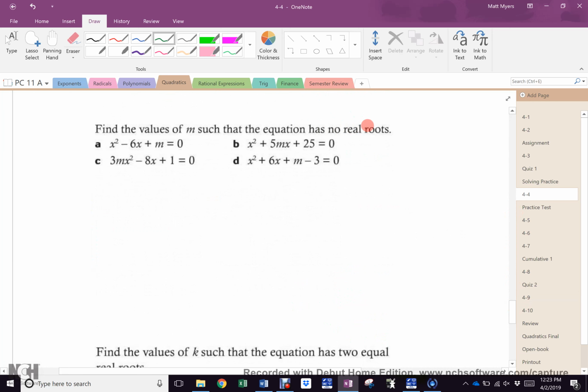What if it has no real roots? Then what must it be? My discriminant must be what? My discriminant must be less than 0, right? So what would my discriminant there be? B squared minus 4AC has to be less than 0.